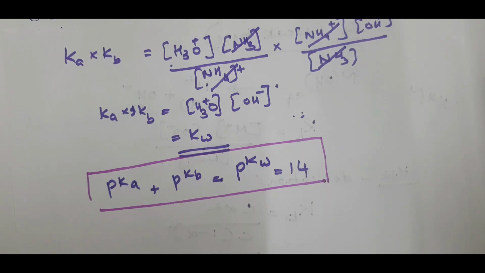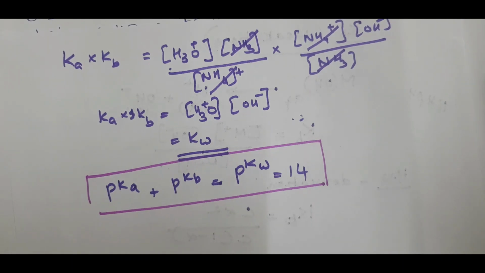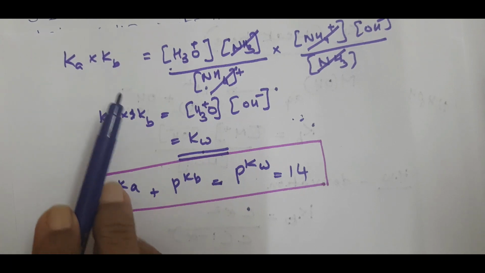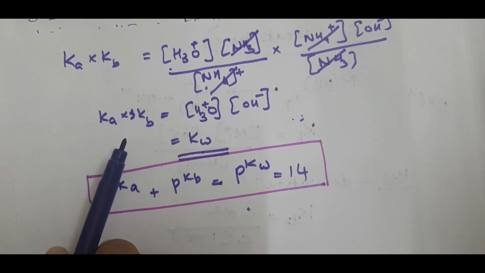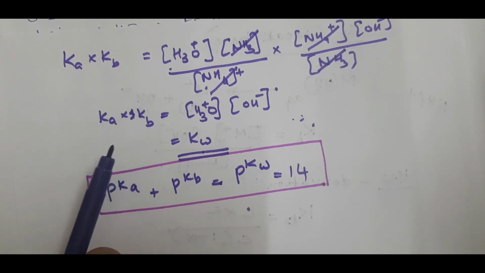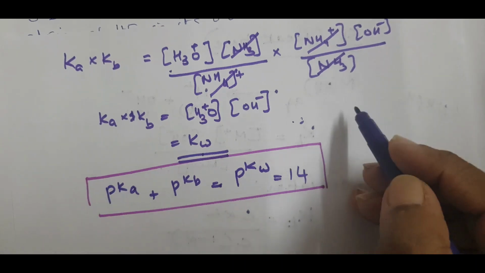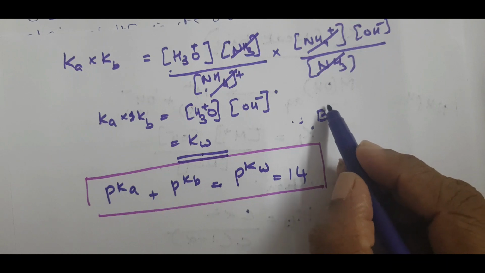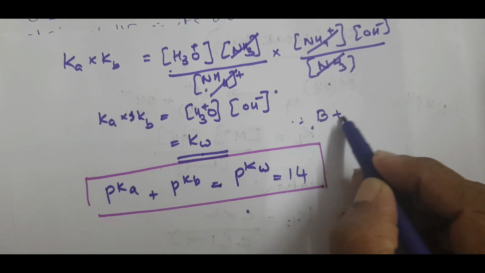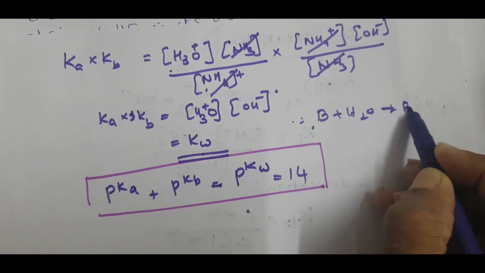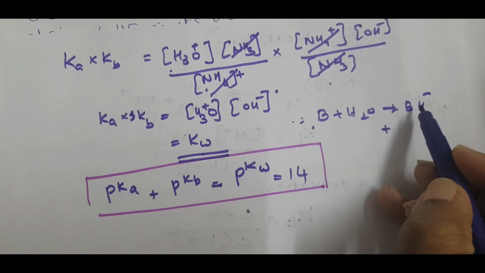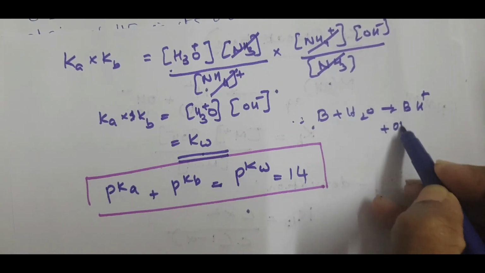Okay, so I hope you have understood this. Correct? Now if you are taking acid and base, the expression we can discuss in the base dissociation equilibrium also. For example, I can write base as B plus H2O giving BH plus and OH minus.